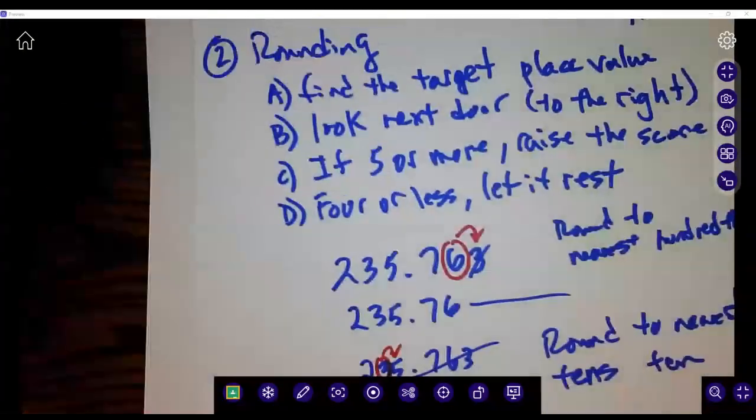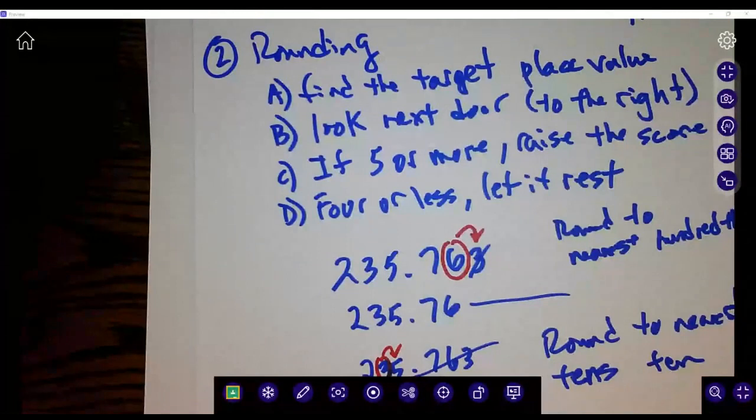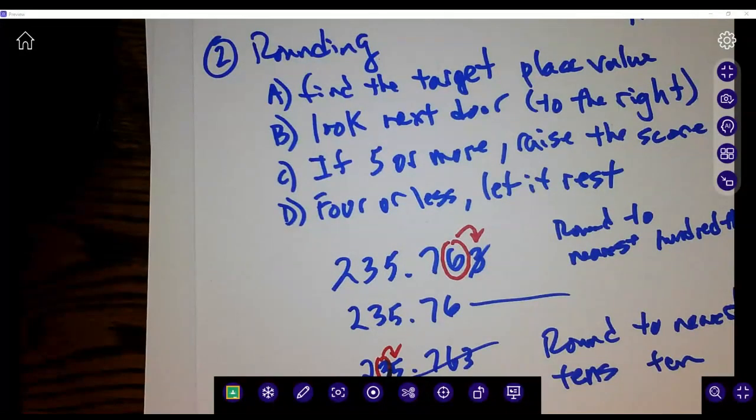So today you're going to be doing exercises that are a review of everything. So the first one you're going to do, this sheet.